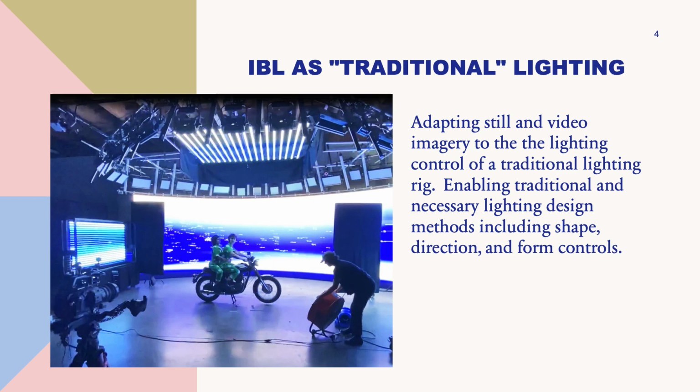So that's very similar to the first definition, but as you can see in this picture, they're not doing any compositing. They have a small LED wall in the background that's providing their first composite with their background imagery. I was actually the VFX supervisor for that.